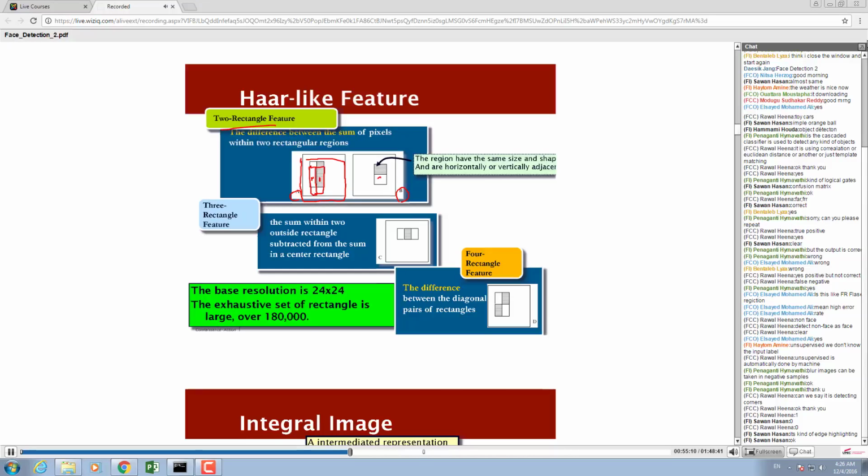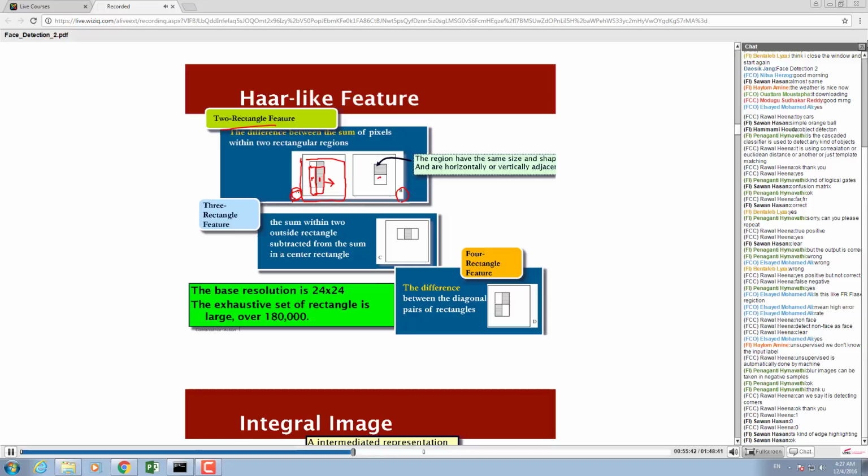Vertical or horizontal layout of two rectangles, black and white, can generate different features. Even in case of A, with the same horizontal layout, left white and right black, with the same size, if we move this to another position, is it the same feature or a different feature?